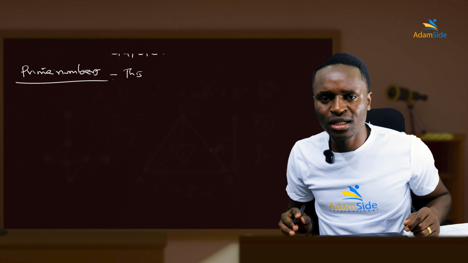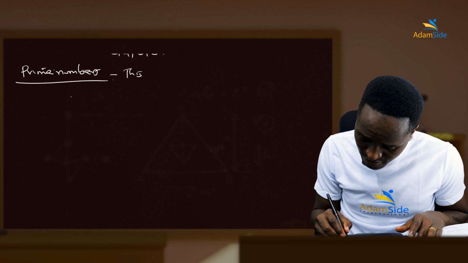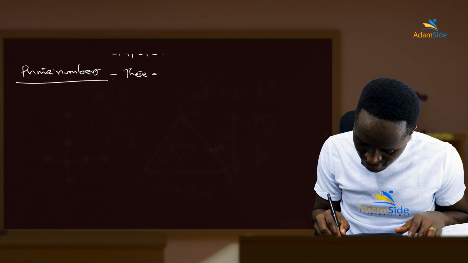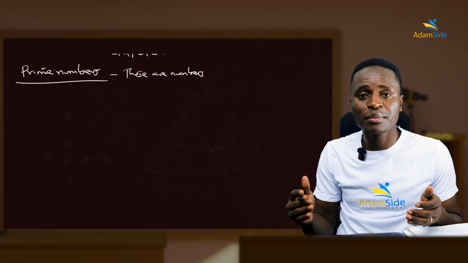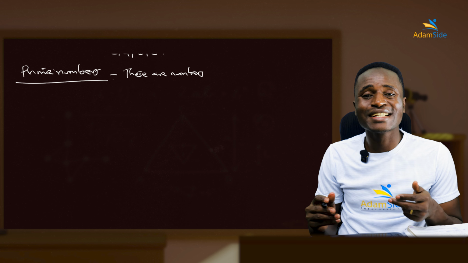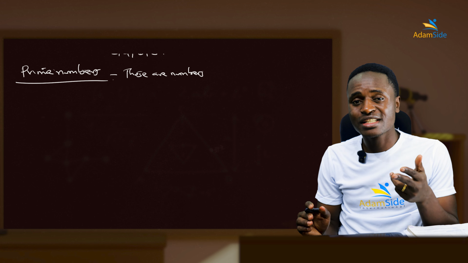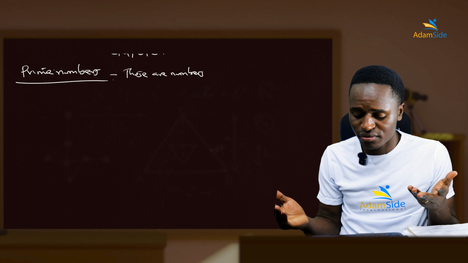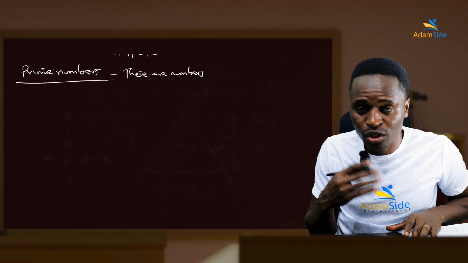In simple terms, prime numbers are numbers that have exactly 2 factors. These are numbers that are divisible by 1 and itself. And we know what factors are.